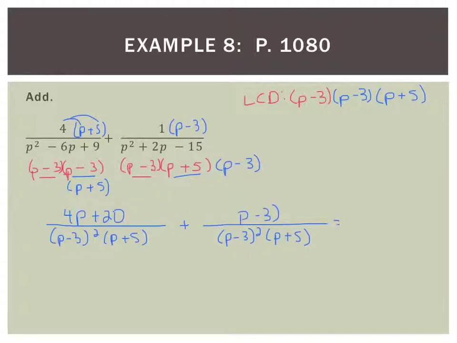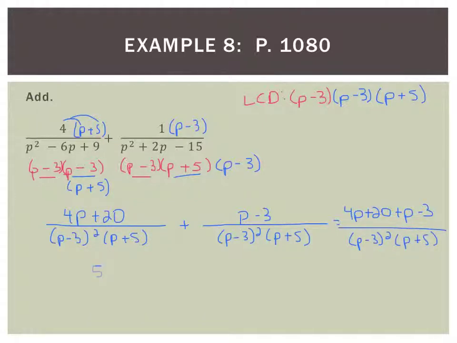So this would be 4p plus 20 plus p minus 3 over p minus 3 squared times p plus 5.